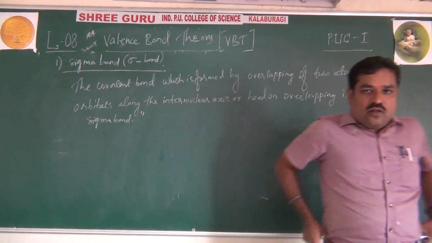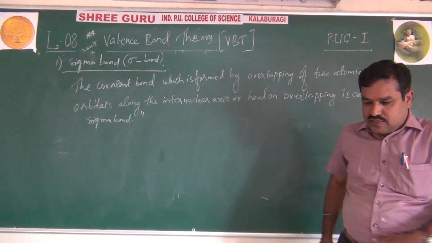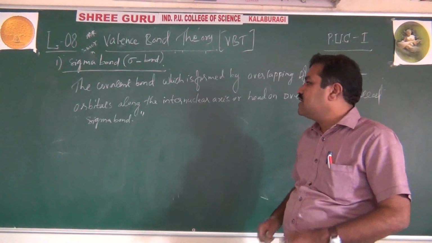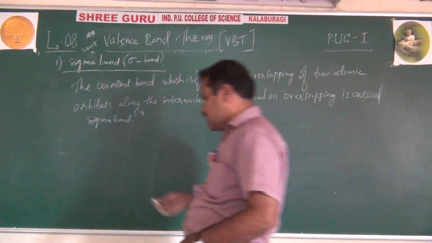Along the internuclear axis, that means the three-dimensional region will have Px, Py, Pz like that. I'll tell you one by one. There are actually 3 types.